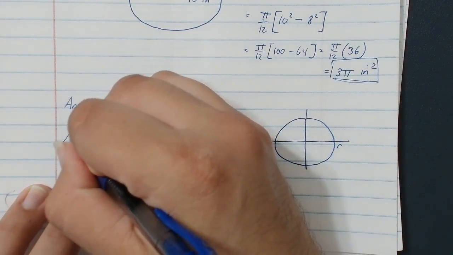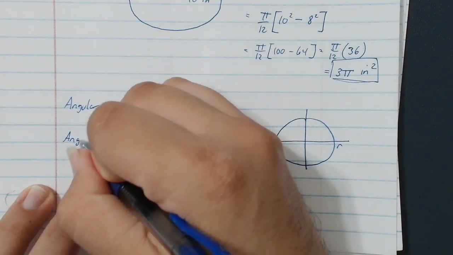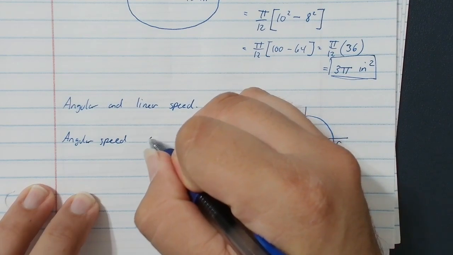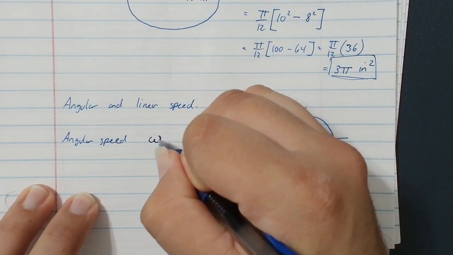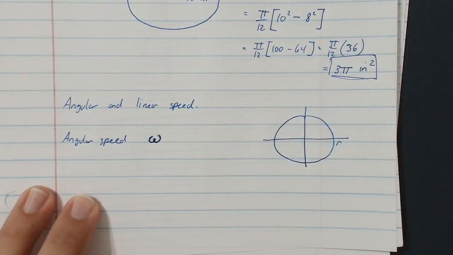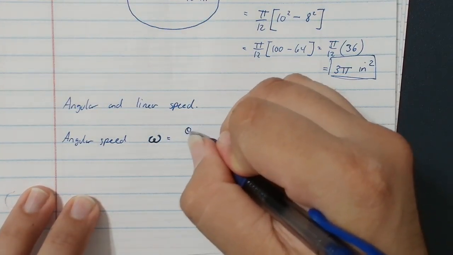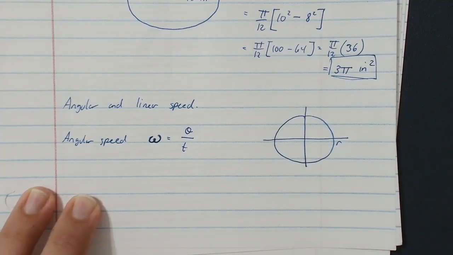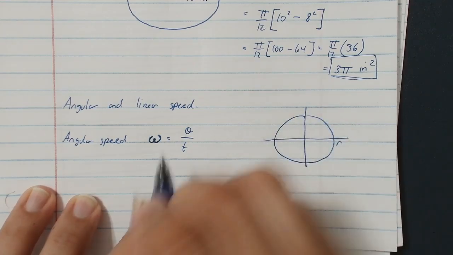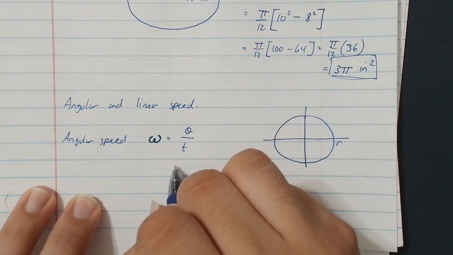Omega is equal to theta over t, where theta is your angular rotation. It's the size of the angle that you went around, and t is the unit of time.